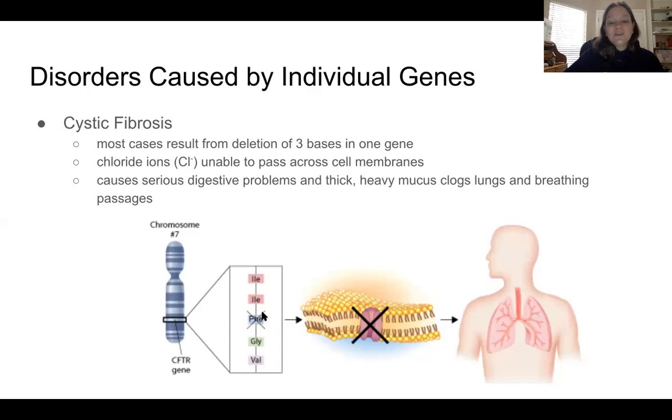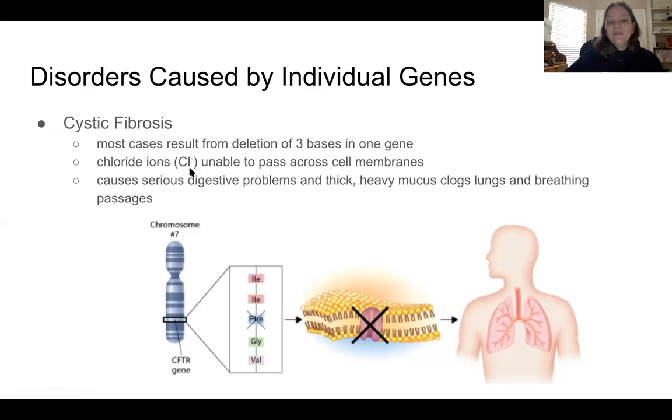The normal protein codes for a membrane protein, so it's embedded in your cell membrane, specifically in the lungs. And its job is to let chloride ions pass through.